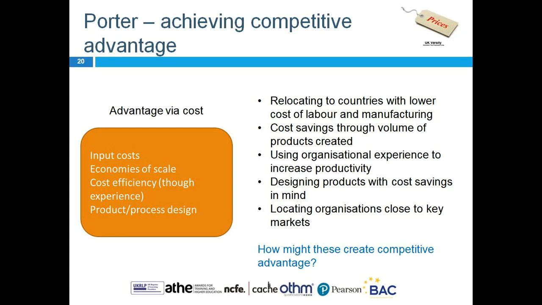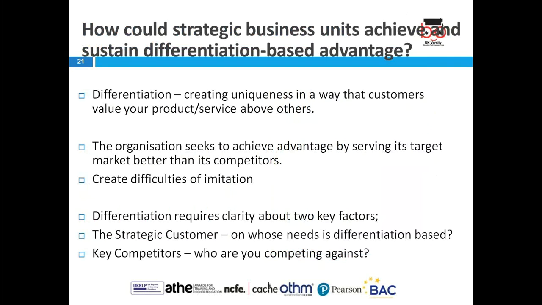We can relocate to low-cost areas, achieve cost savings through volume, increase productivity through organizational experience, design products with cost savings, and locate the organization close to the market. How might these create competitive advantage? Of course, when you offer a cheaper product in the market than competitors, you have a competitive advantage.